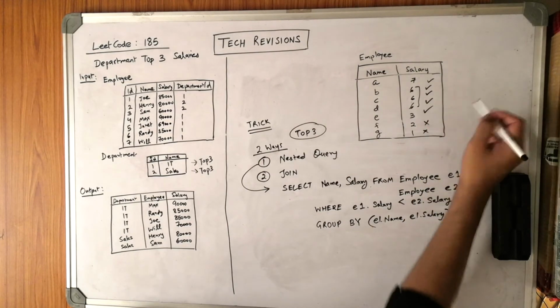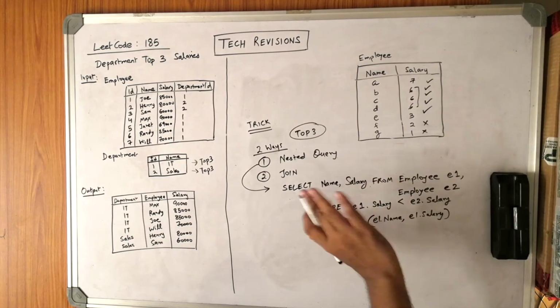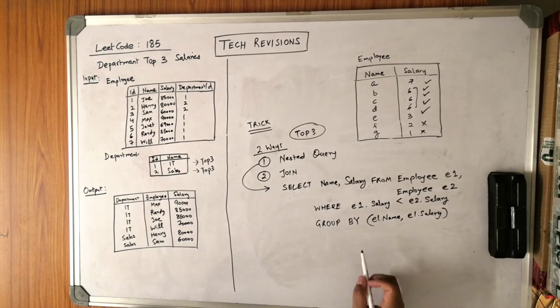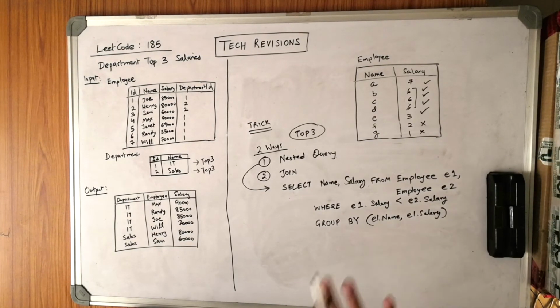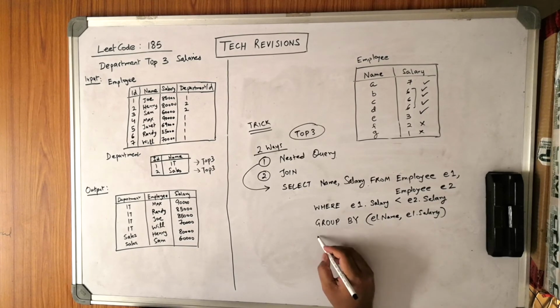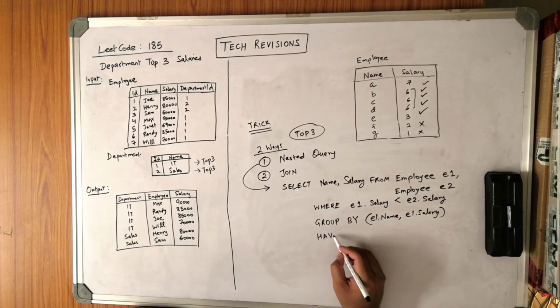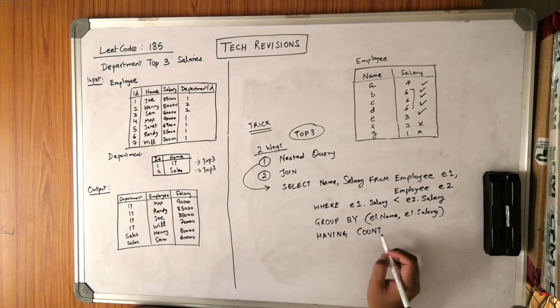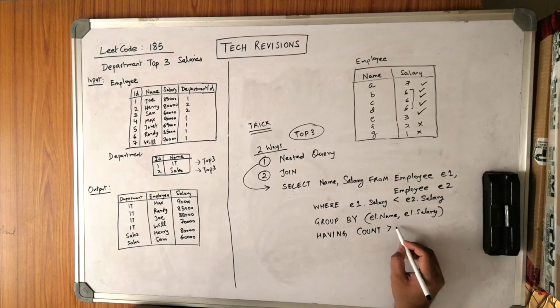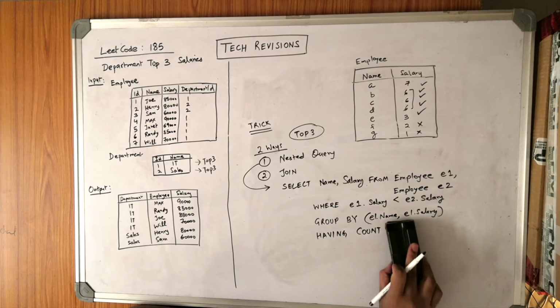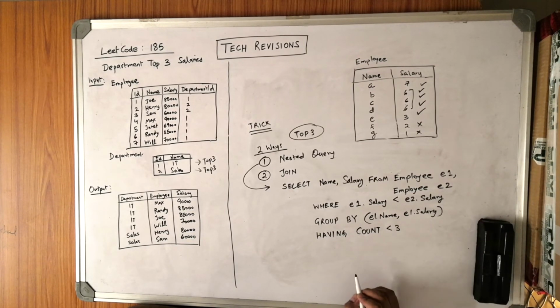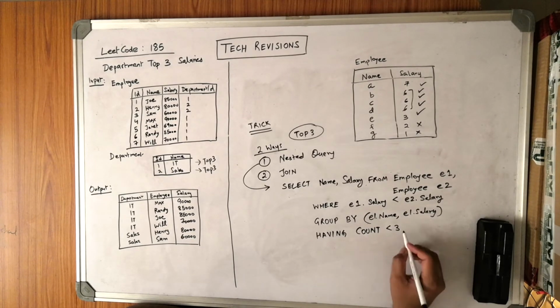When you take a cross product of this with this, you will get 7 cross 7, 49 rows basically, right? Out of which I'm going to group by on that particular table, and then I'm going to put a having clause, having count less than 3. And that's it. Having count less than 3.